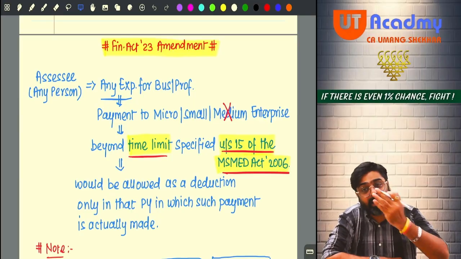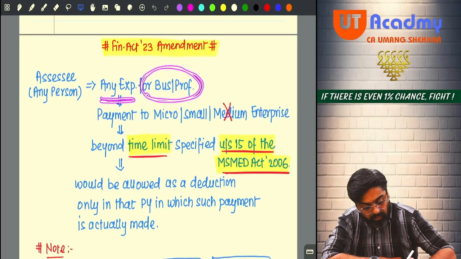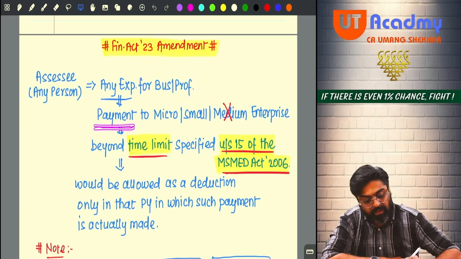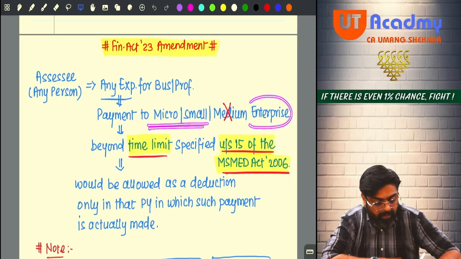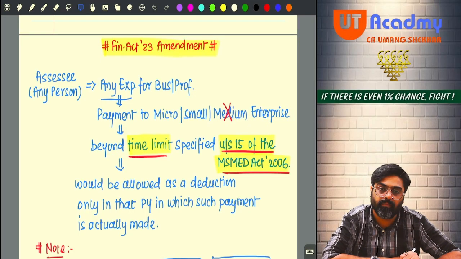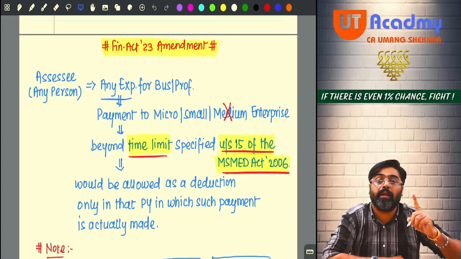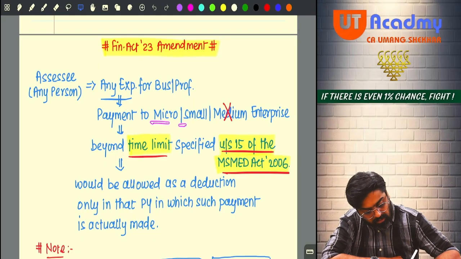Now they are saying any expenditure which you are incurring for your business or profession, and the payment for that expenditure is to be made to a micro or small enterprise. Micro, small, medium, no. Micro or small enterprise. Sir, what is this micro enterprise? What is this small enterprise?